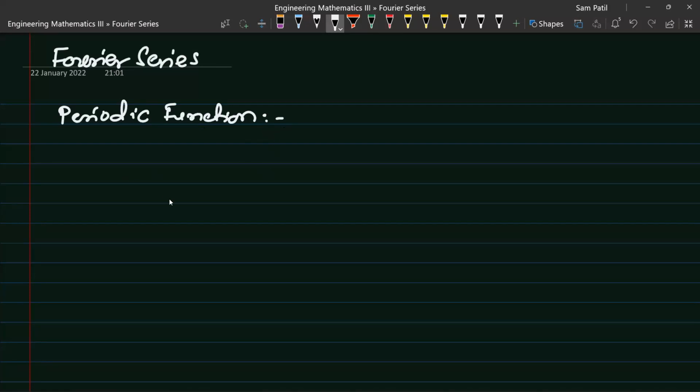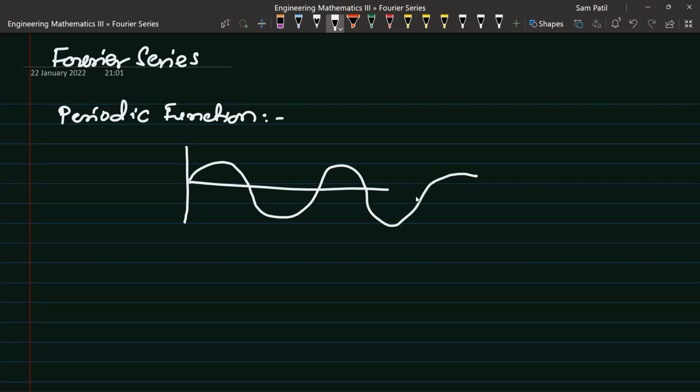Let me draw one graph so that you can understand how it actually is. This is the very basic graph of the sine function. I think everybody knows this graph.